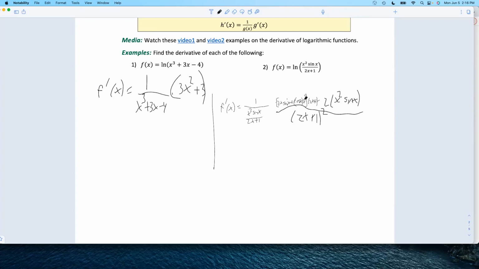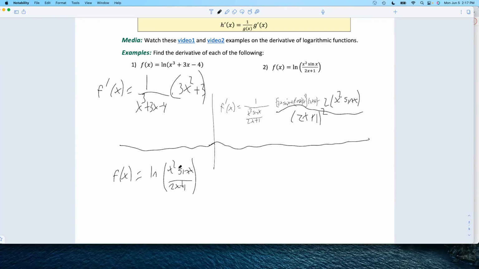Now, what if I showed you a trick here? That was all really nasty. Remember rules of logs. I'm going to rewrite this guy. This is why we like logs so much. Rules of logs are going to let us simplify this a lot before we even start taking derivatives.